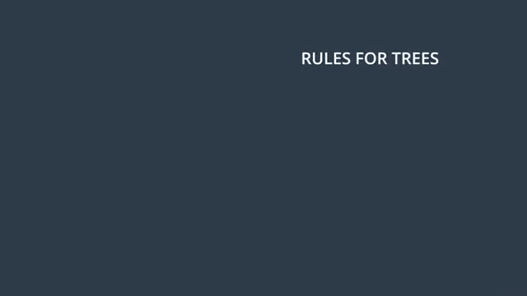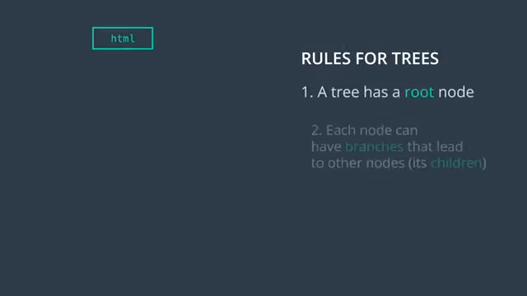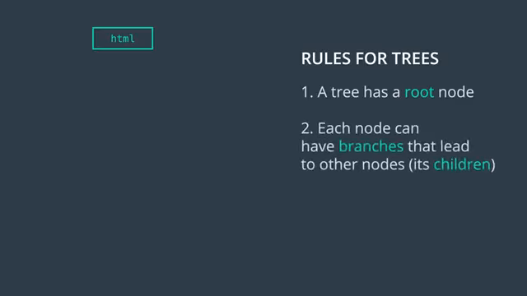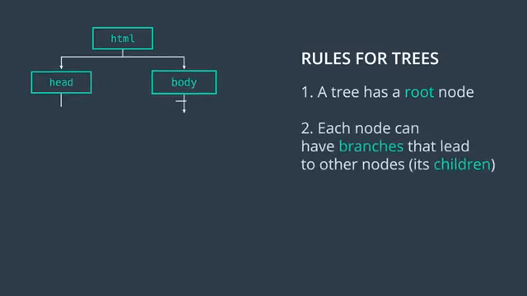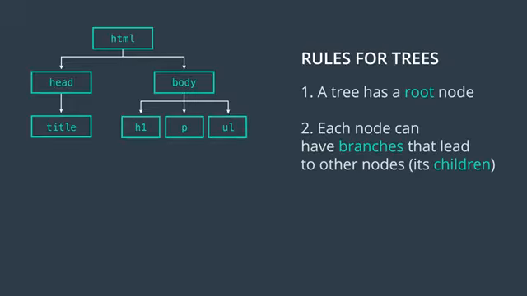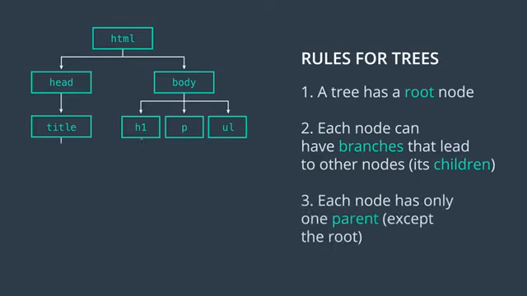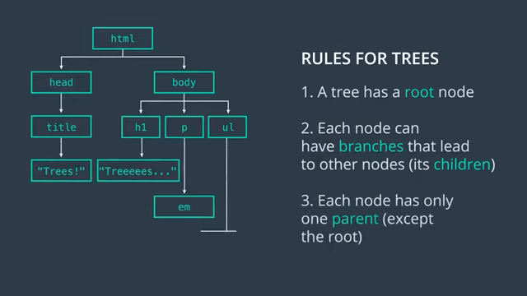So there are a few rules that are always true for tree structures. First, a tree starts with one node that is the root. Second, each node, including the root, can have references or branches that point to other nodes. Those other nodes are that node's children. Third, each node has exactly one parent, except for the root node, which has no parent.